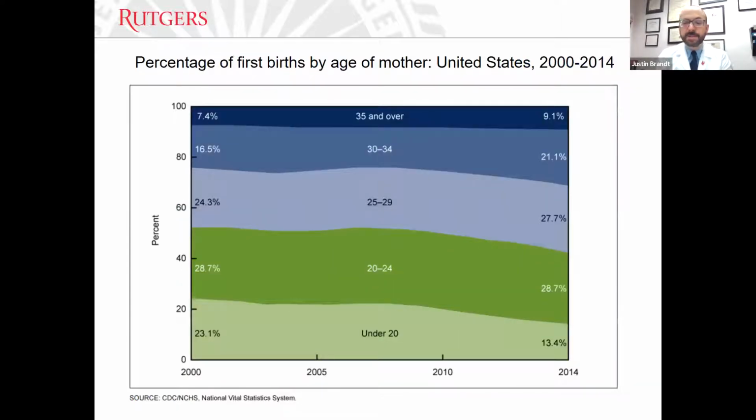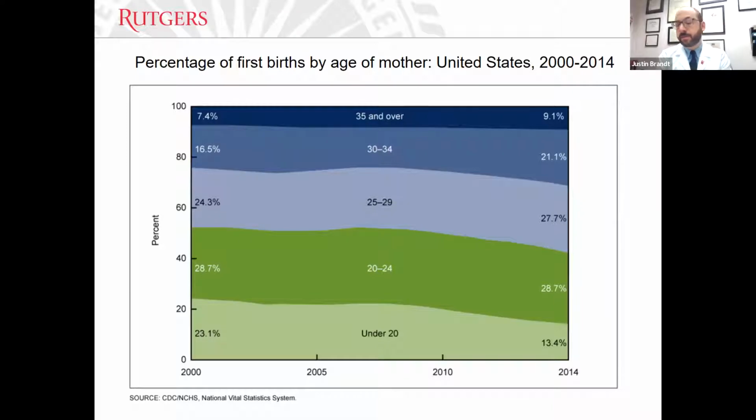This looks at the percentage of first births by age of mother in the United States. And I like this figure because you can see, based on stratified groups of ages, how over this 15-year period, there were changes in the rates of first births. So women under the age of 20 in the 2000s represented 23% of first births. And by 2014, the rates had decreased to 13%.